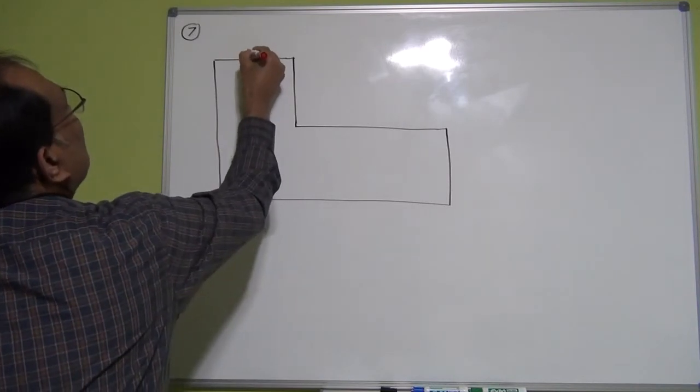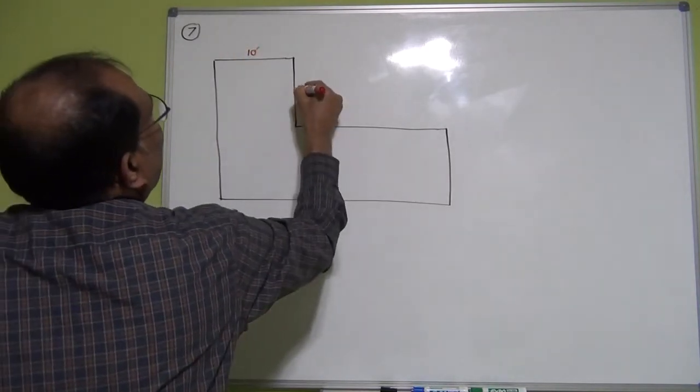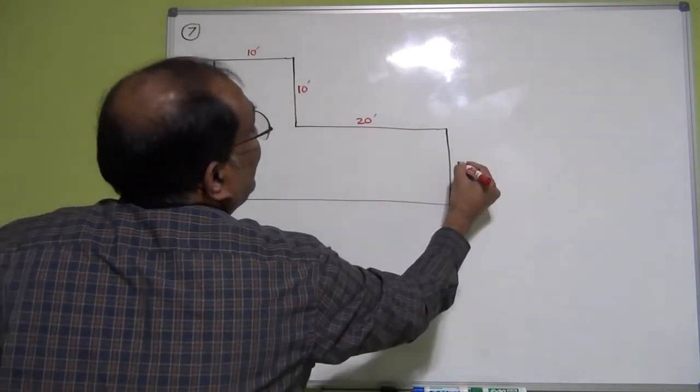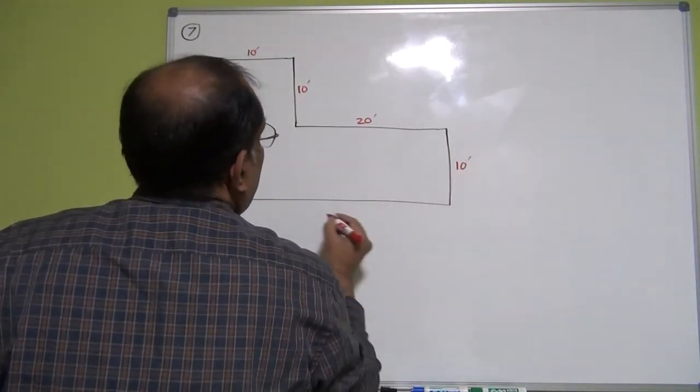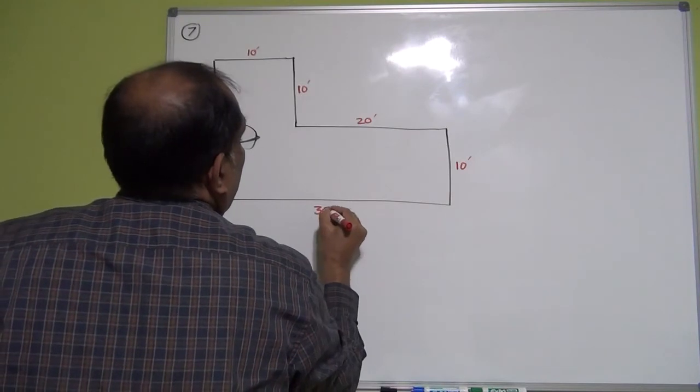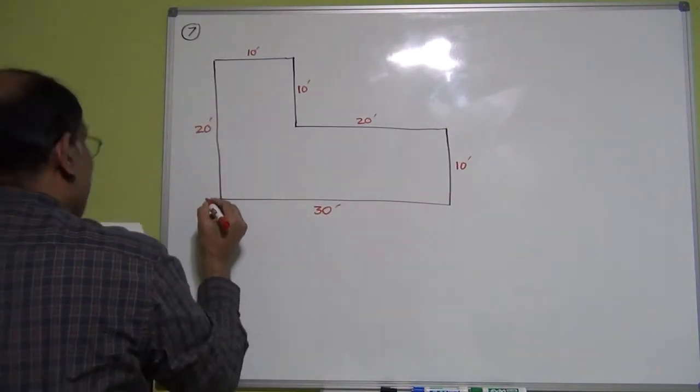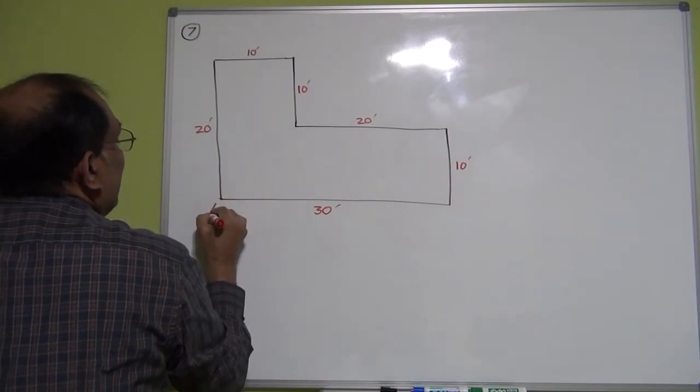So this is 10 feet here, 10 feet here, 20 feet here, 10 feet here, 30 feet, and 20 feet. This is the point A here.